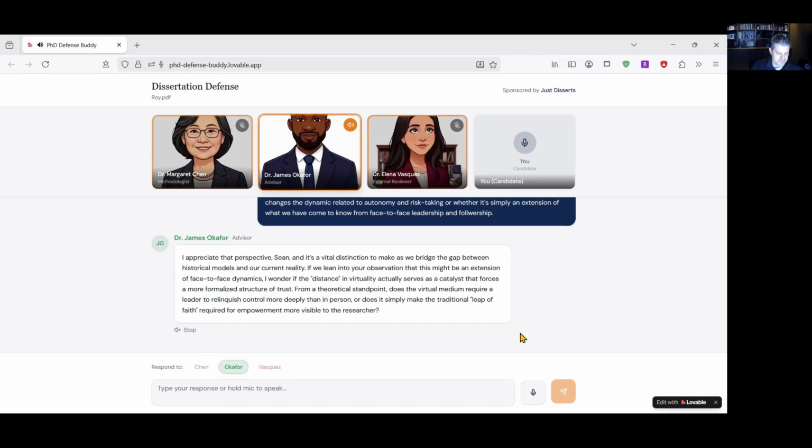From a theoretical standpoint, does the virtual medium require a leader to relinquish control more deeply than in person, or does it simply make the traditional leap of faith required for empowerment more visible to the researcher?